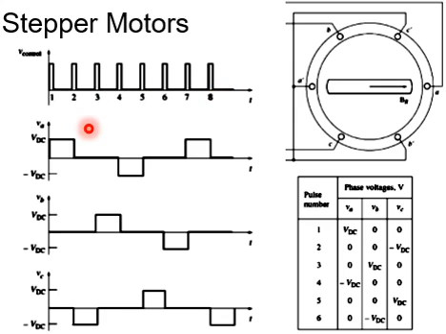and the input pulses are different, like VA is 1 at this first pulse. At the first pulse VA is 1, VB is 0, VC is 0. So similarly you can see at pulse 1 VA is VDC, VB is 0, VC is 0.